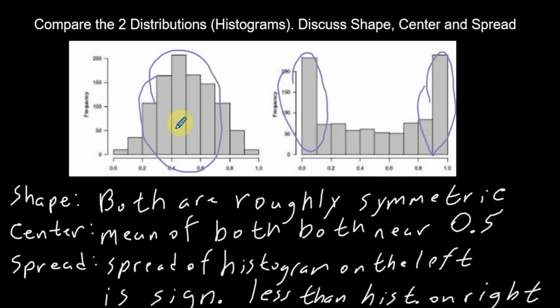And if you calculate it, because these are both symmetric data, you would probably want to use standard deviation. Standard deviation of this one is probably somewhere around, I'd call it 0.2, whereas here it's probably closer to 0.5, 0.6. All right.